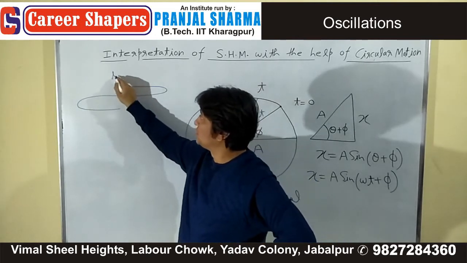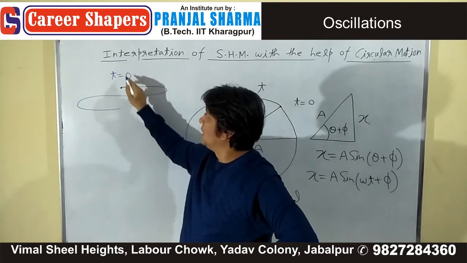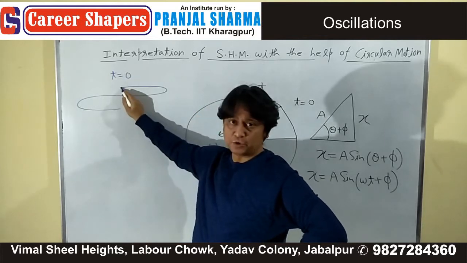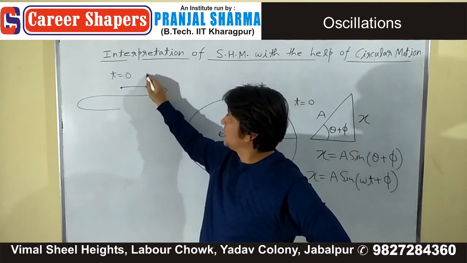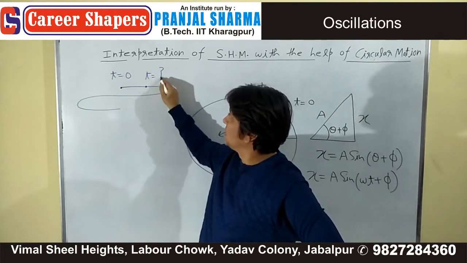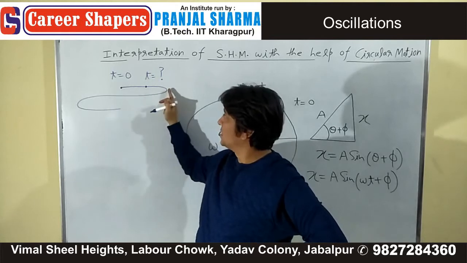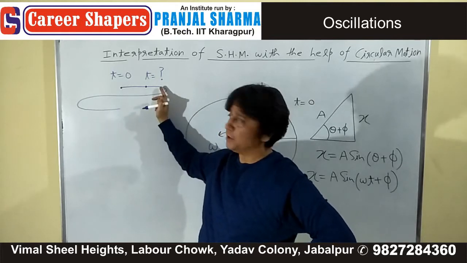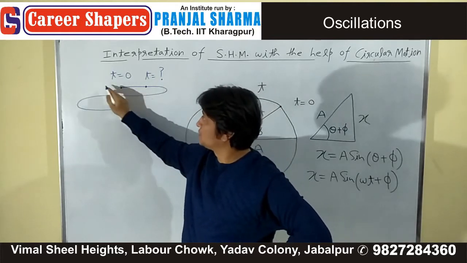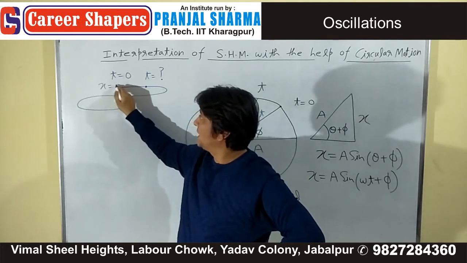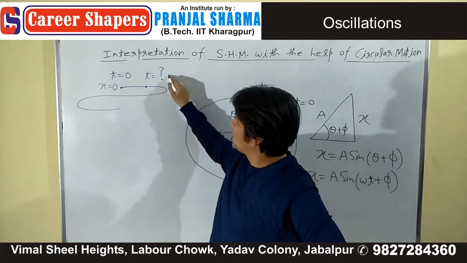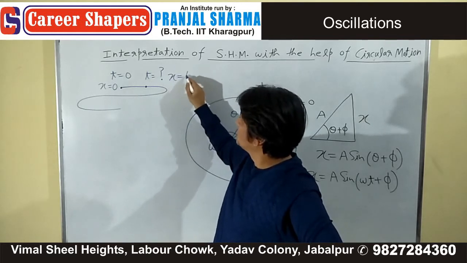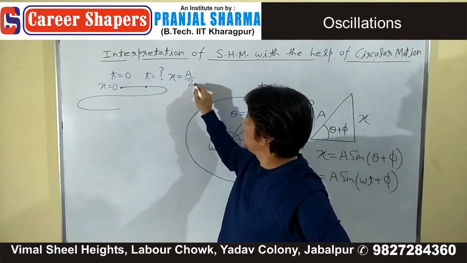At t equals to 0, object is at mean position. And then in what time does it complete half of the amplitude? At t equals to 0, x is 0, object is at the mean position. At what time is x equal to A by 2?